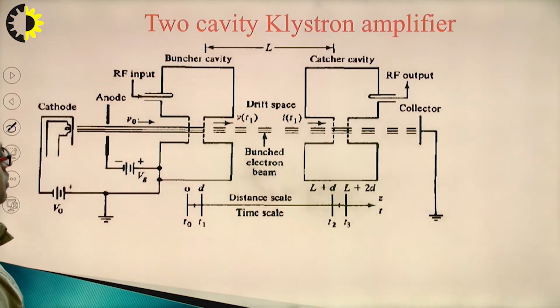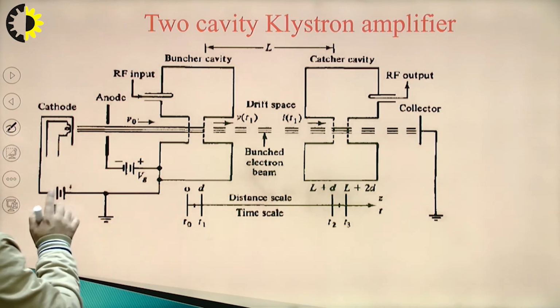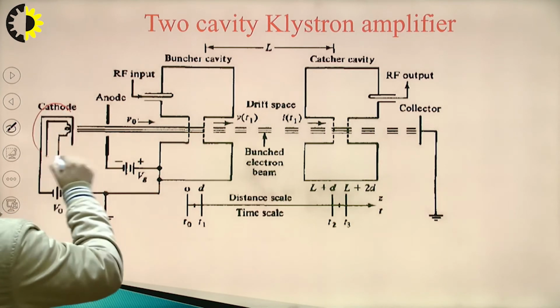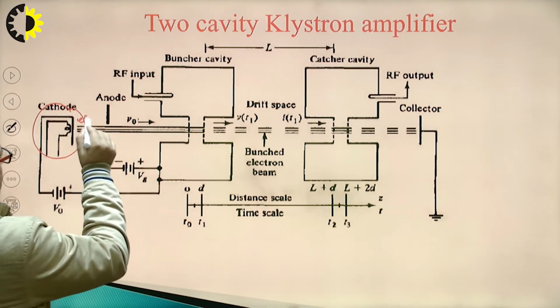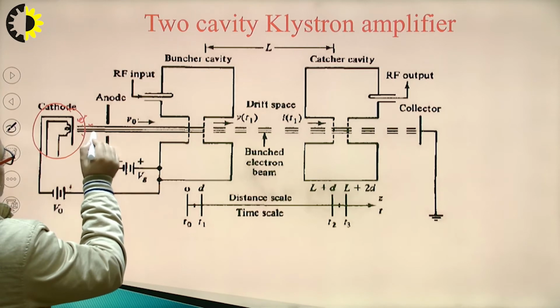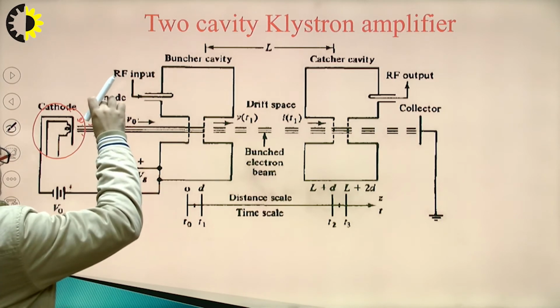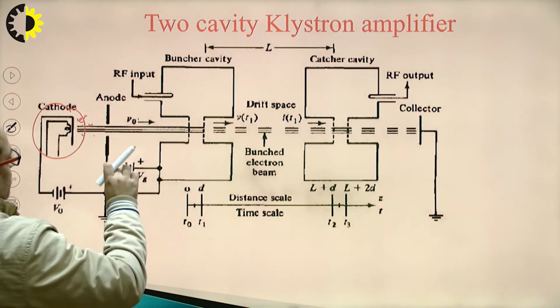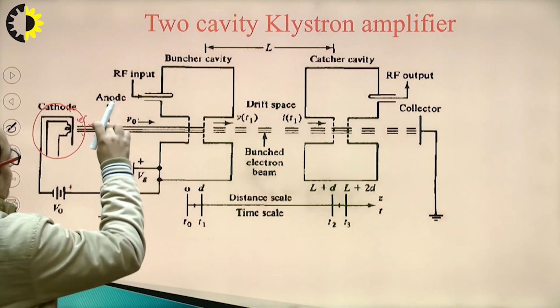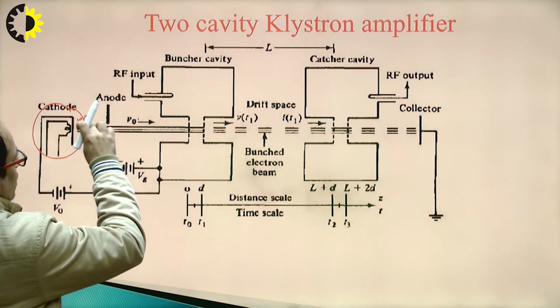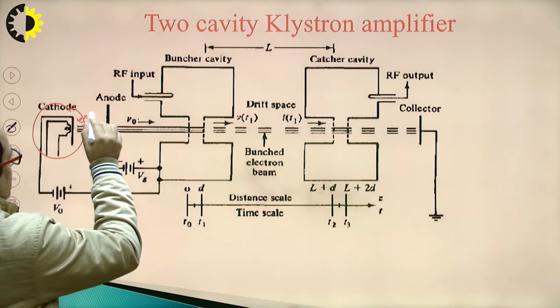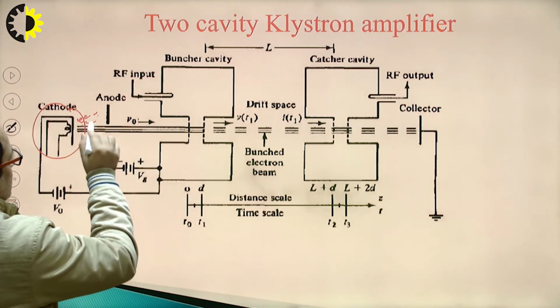Now see this figure. In the two cavity klystron, this is a cathode which releases the electrons, and this anode has some positive potential which focuses the electrons, because the electrons would otherwise be in a spreading wave.